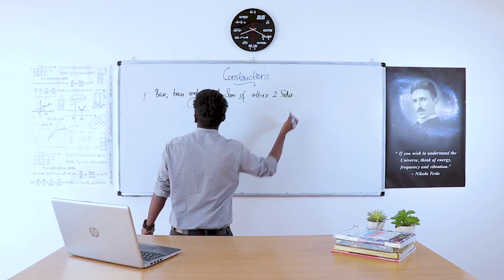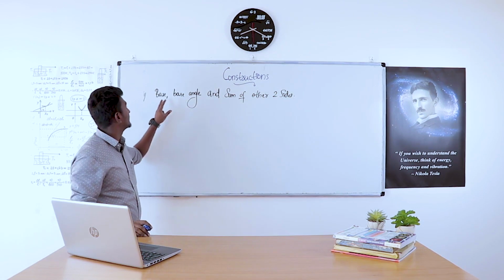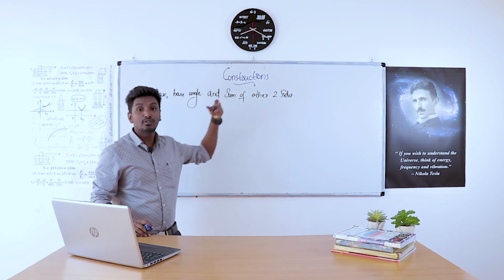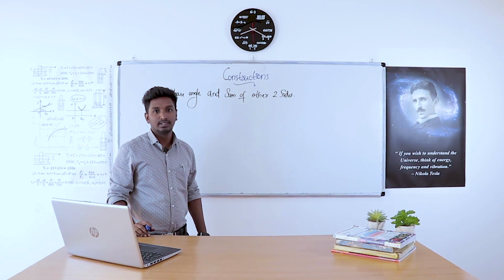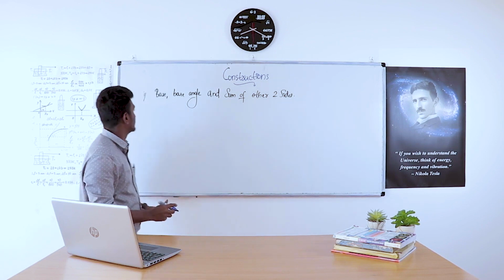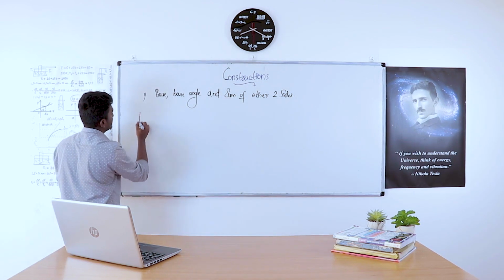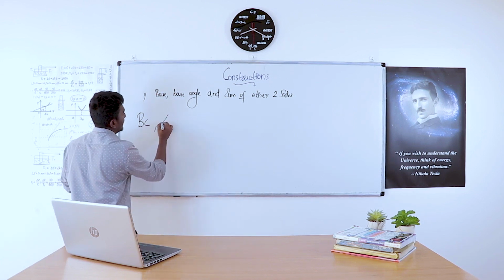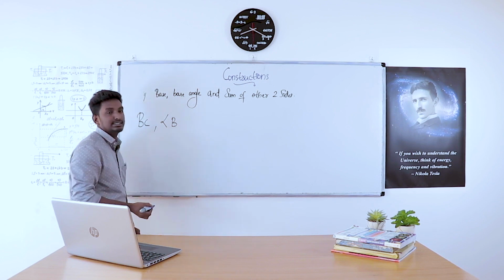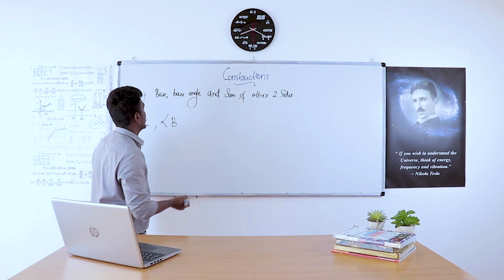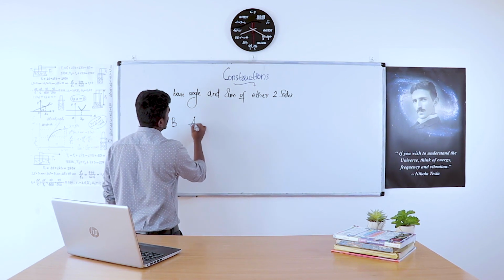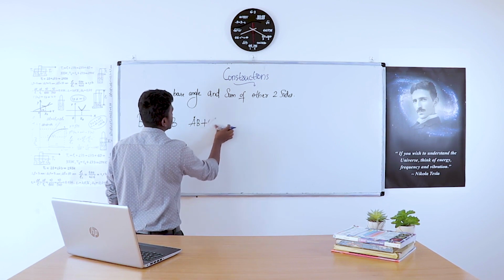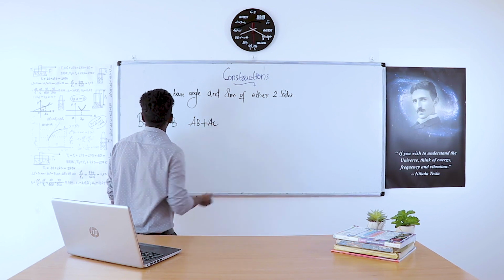That means the base of the triangle is given, the base angle is given, and the sum of other two sides are given. Then how will you draw a triangle? If the base BC is given and base angle B is given, then the sum of the other two sides AB plus AC is given.